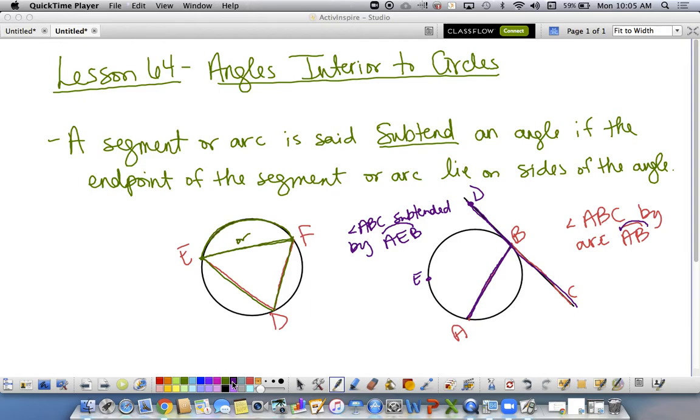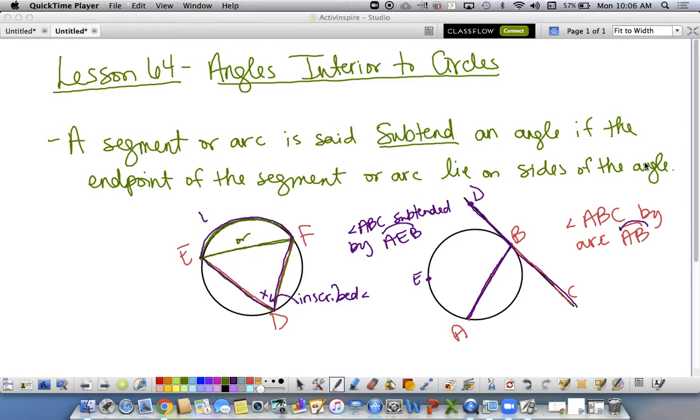This is very similar to an inscribed angle that we did not that long ago. Actually, I'm going to look at this one. The inscribed angle, remember EDF, is an inscribed angle. And it said the inscribed angle, we'll just put an X, is equal to half the measure of the arc.